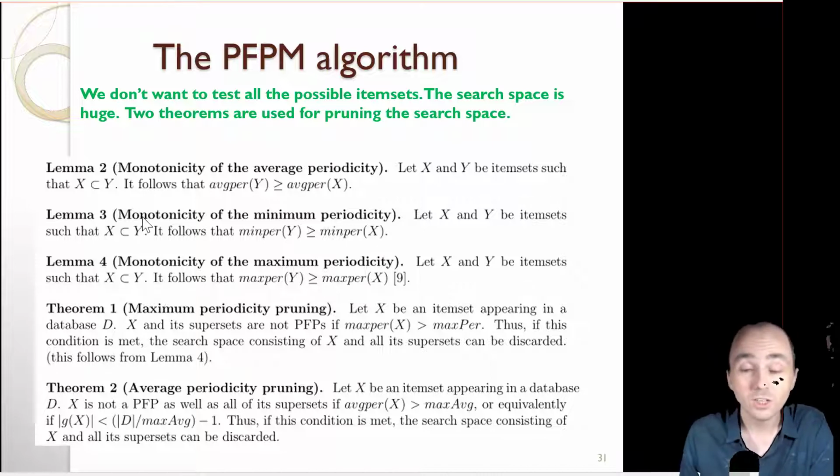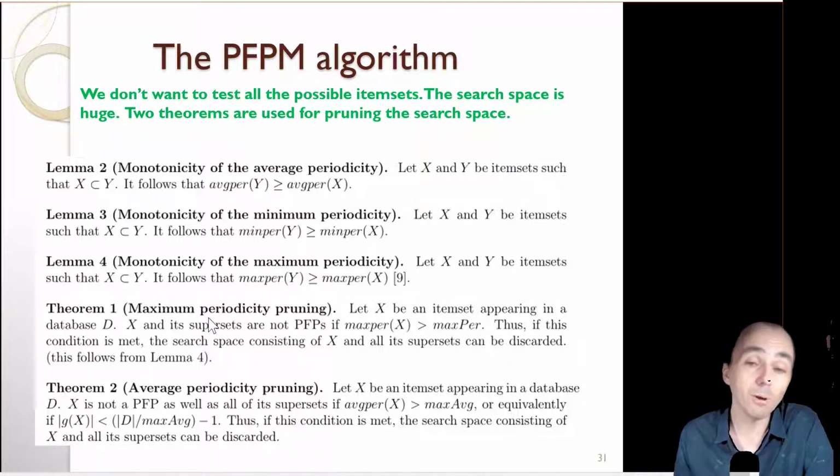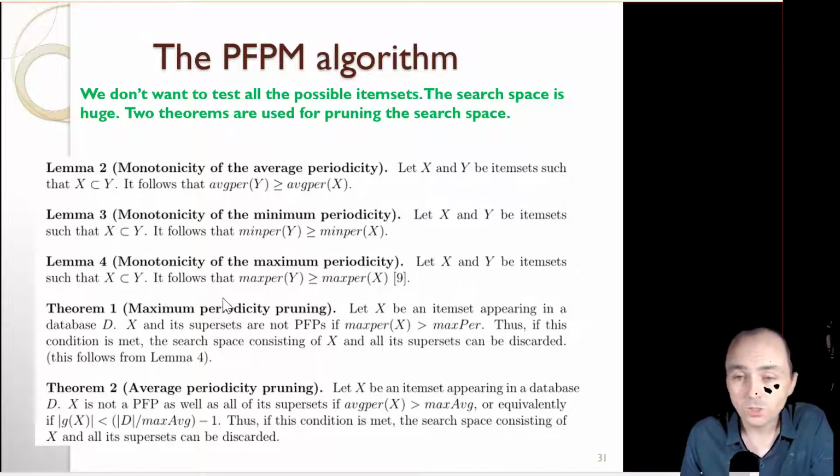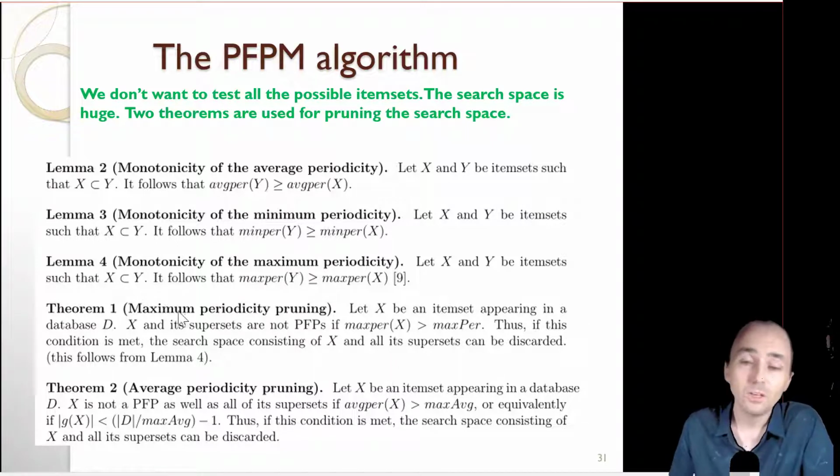In the paper, we find a few interesting properties. Theorem 1: if we have some item set X that is not a periodic frequent pattern, then X and all its supersets can be discarded.